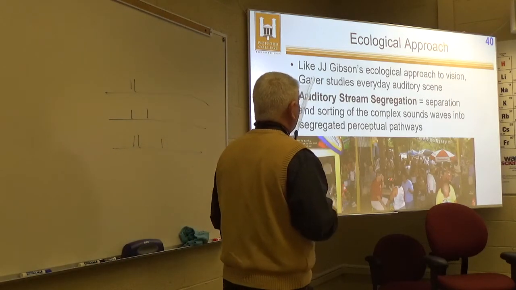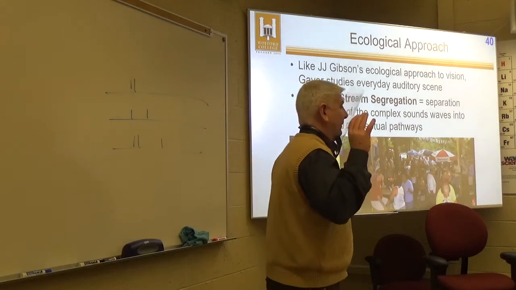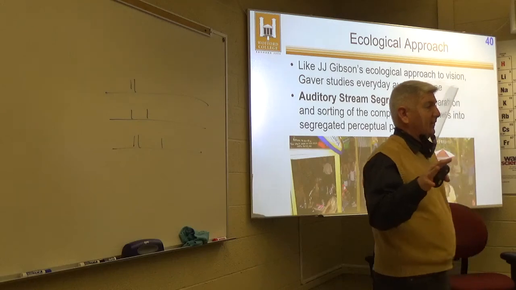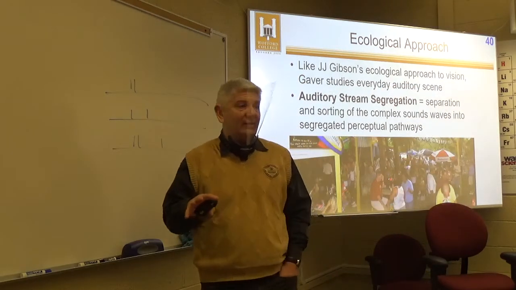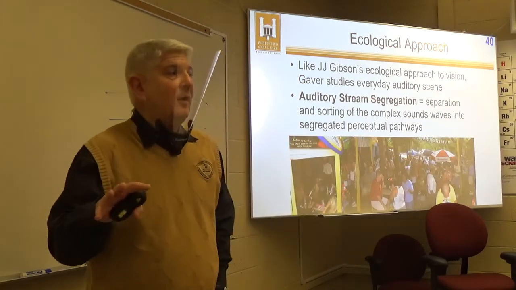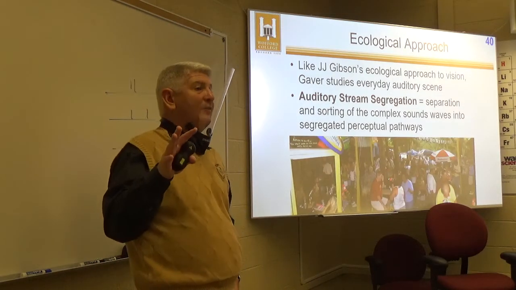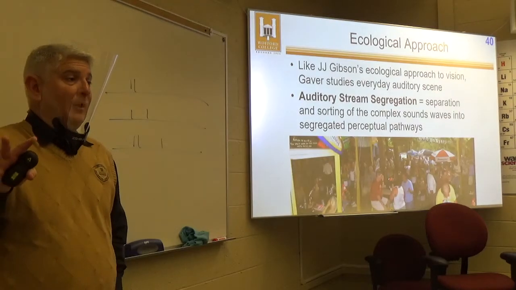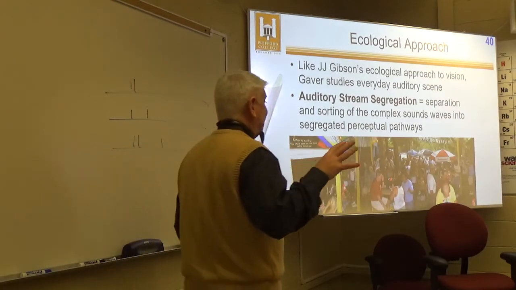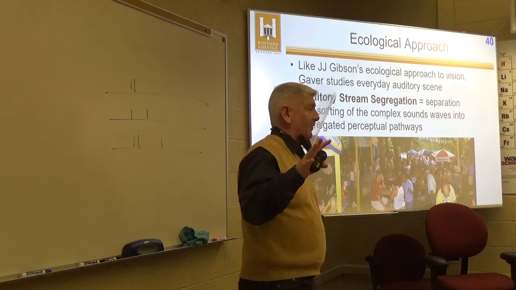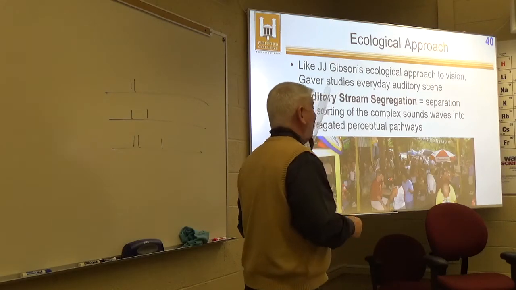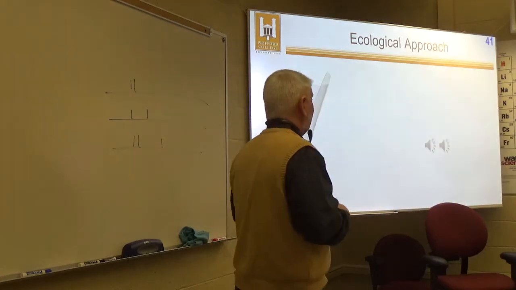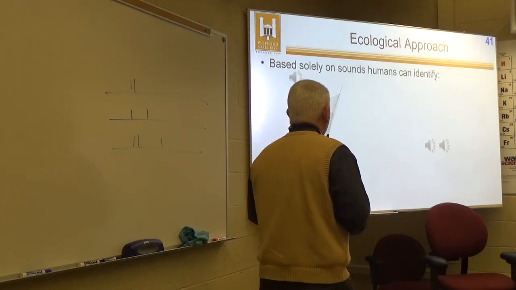We have Gaver, who spent a lot of time trying to understand how we do this auditory segregation. It's really important, very complex processing. How do we pay attention? What heuristics does our brain use in order to identify sounds and segregate them into certain pathways? And he came up with a whole list of heuristics that we use in order to do this.